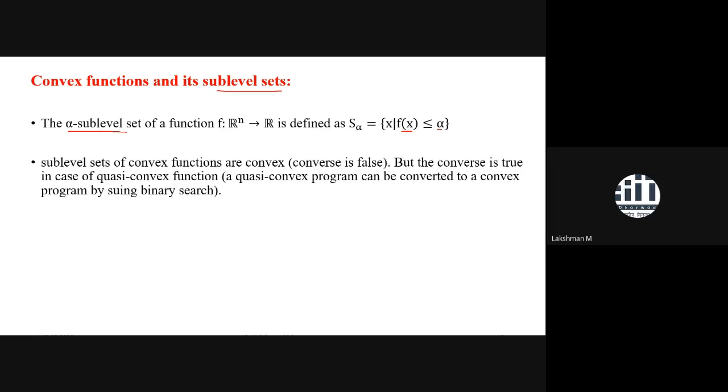Once we have a sublevel set, what will happen if our function happens to be a convex function? If the function is convex, it implies the sublevel set is convex. So convexity of the function implies the sublevel set is convex, but the converse is not true. That means if every sublevel set of the given function is convex, then you can't say whether the function is convex or not.